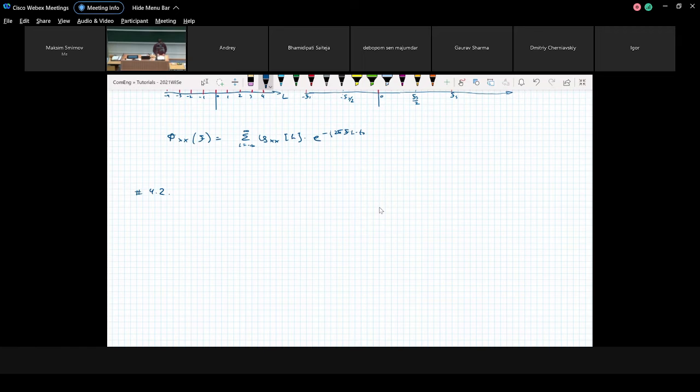Then we start trying to find the autocorrelation function. Okay, let's start the task. Try to solve it. First, I show how our discretized impulse response looks like.